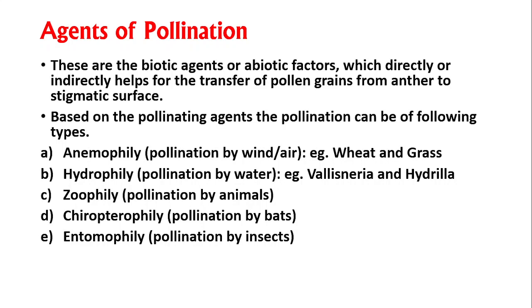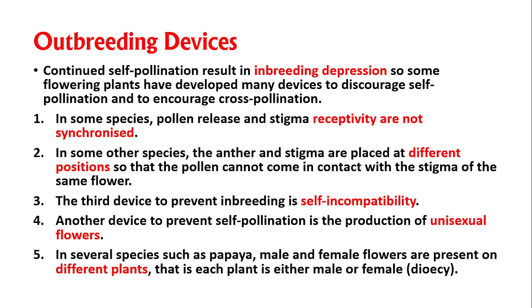Coming to the next one, outbreeding devices. So what is an outbreeding device? Very simple. Remember friends, continuous self-pollination can also be termed inbreeding. Due to continuous self-pollination, there occurs a major problem called inbreeding depression.